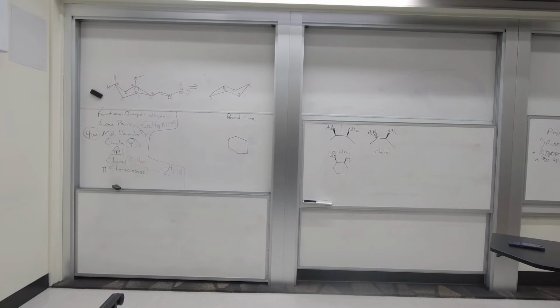I am saying this with reference to the board and to the earth. That molecule has no sense of this whiteboard or really gravity. There's no up and down in a molecule. There's no left and right. So you can choose whatever perspective you want. I think I've confused a lot of you. Confusion is kind of a necessary element of learning, but I'm going to try to clear that up now.